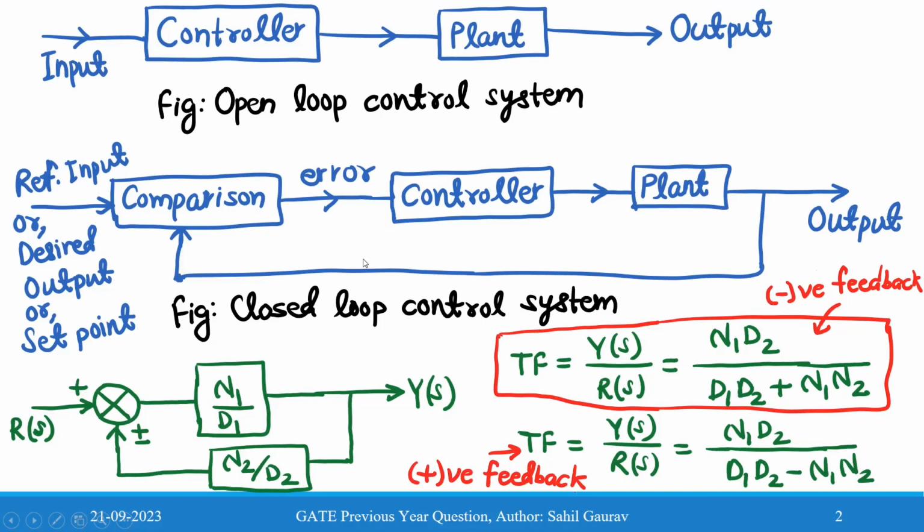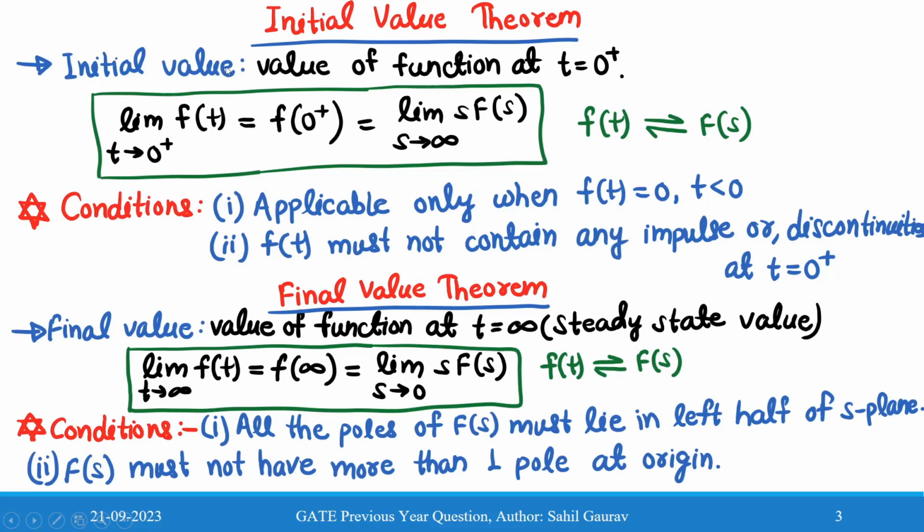Now we will see the initial value theorem and the final value theorem. First is the initial value theorem. What is the initial value? The value of a function at t equals 0 plus is called the initial value of a function. If the function is given in the t domain, we can directly find the initial value.